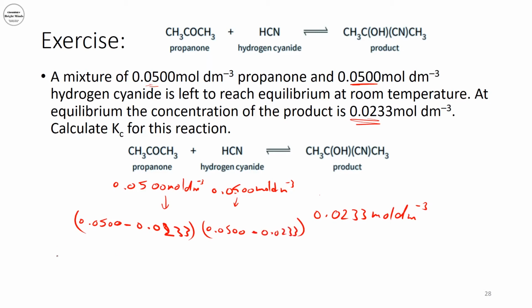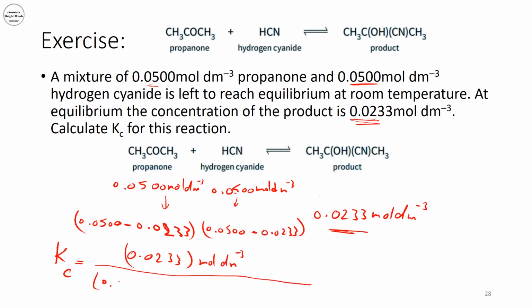So if I need to find out the equilibrium concentration, in that case it will be equal to the concentration of my product, 0.0233 moles per cubic decimeter, divided by 0.0500 minus 0.0233 multiplied by 0.0500 minus 0.0233.